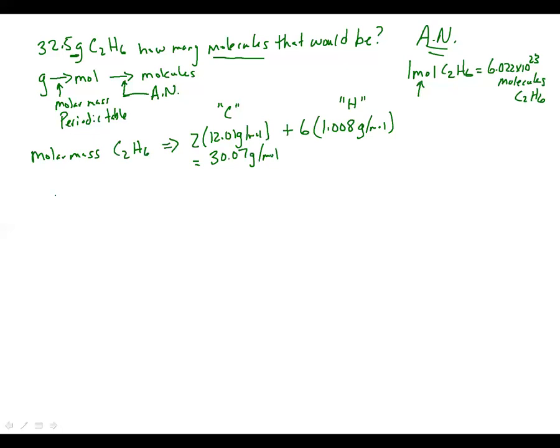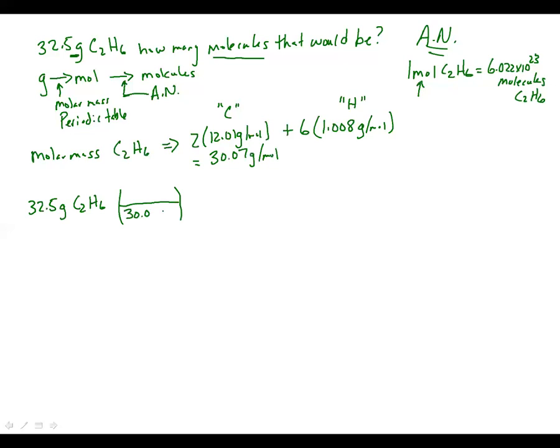And again, we're going to use that to do our first part of the conversion, which is 32.5 grams of C2H6. We're going to use this as a conversion factor. Here we want to get rid of grams, so we want to put the grams on the bottom.